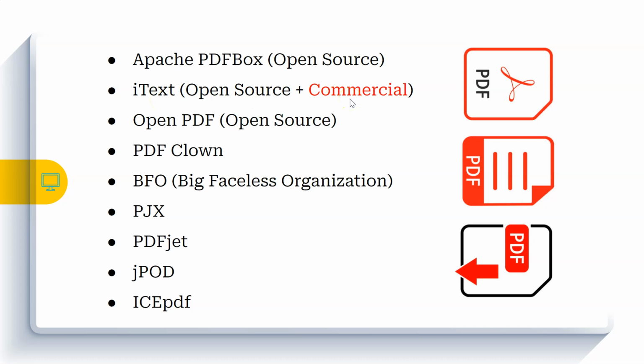Then we have OpenPDF, again open source. We have PDFClown. We have BFO, Big Faceless Organization, which is the company name that provides this particular jar. We have PDFjet, JPedal, ISPDF, and there are so many, but the top four are the most widely used: Apache PDFBox, iText, OpenPDF, and PDFClown are the most widely used open source Java libraries.